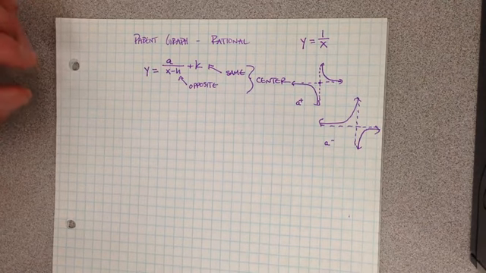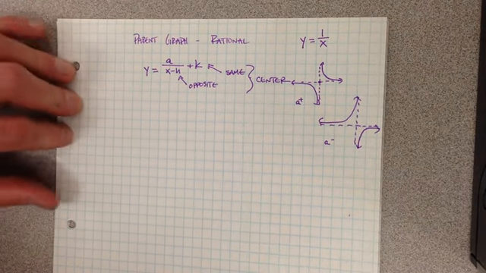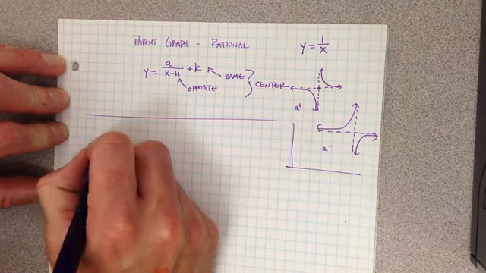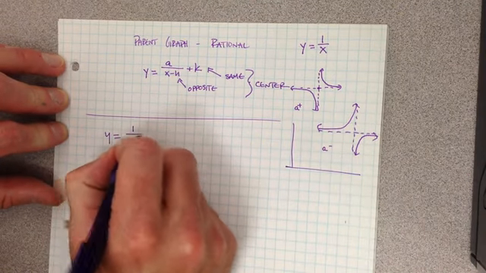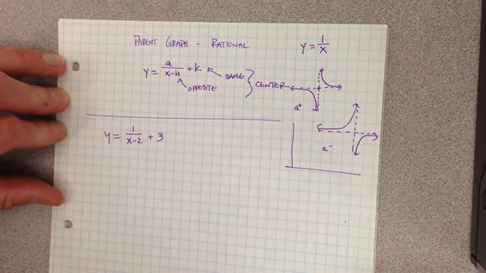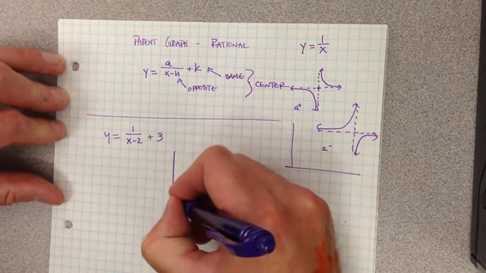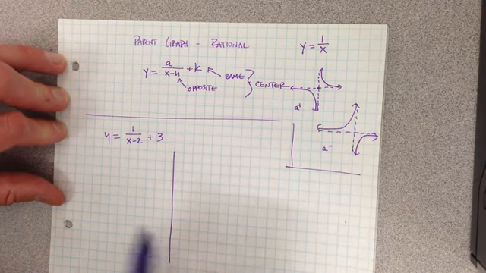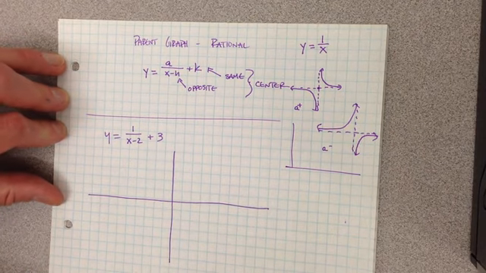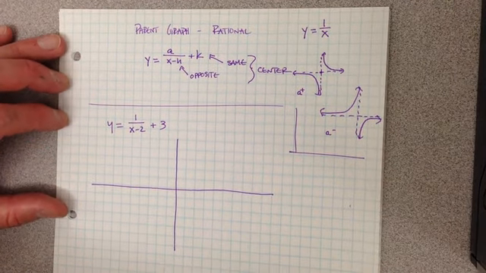So let's take a look at this in action. y equals 1 over x minus 2, plus 3. I can draw a set of axes to graph this. I'm going to say opposite, same for my center.